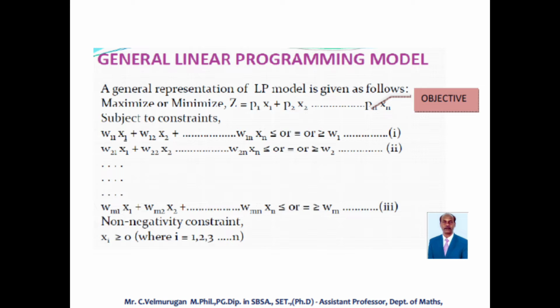General linear programming model. Now we are going to discuss the general model of linear programming. This model contains three components: one is the objective function, the second is the constraints, and the third is the non-negative constraints.